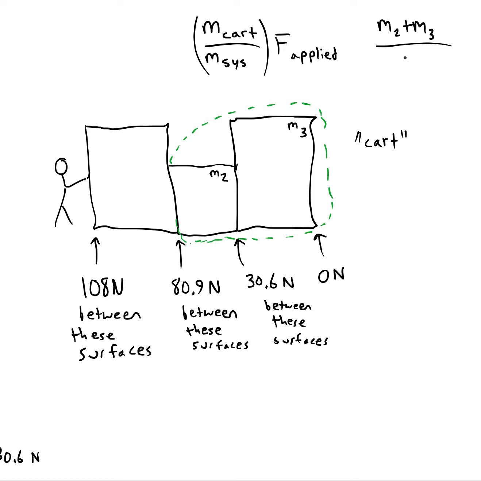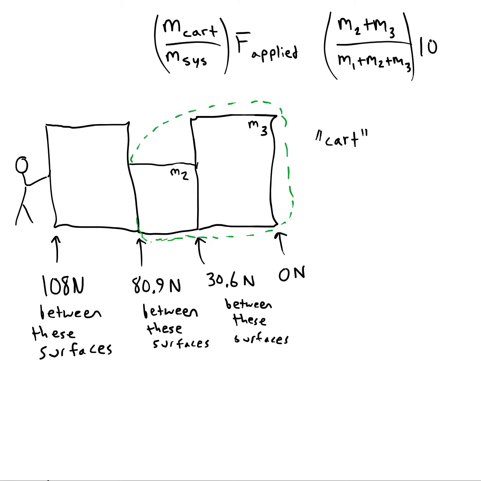And then the total system mass here would be M1 plus M2 plus M3. So it's a proportion, and then you multiply by the force applied. And that apparently is going to be 80.9 newtons, is what it ends up being.